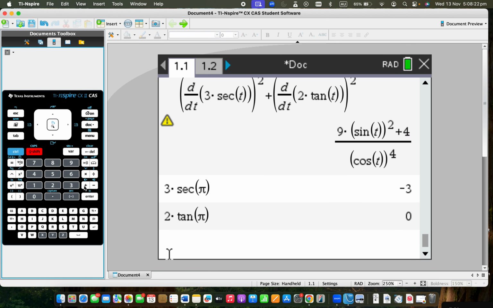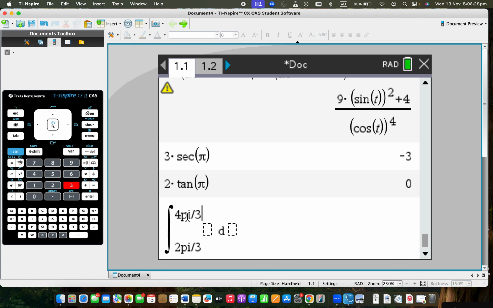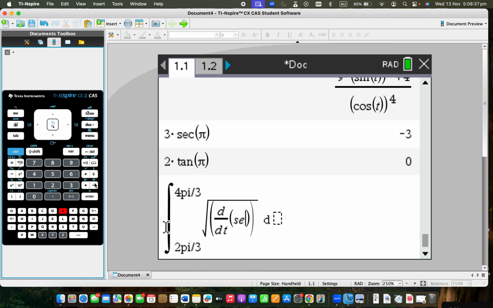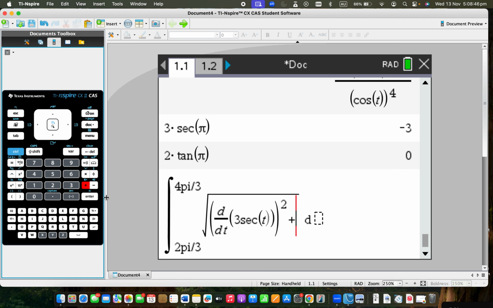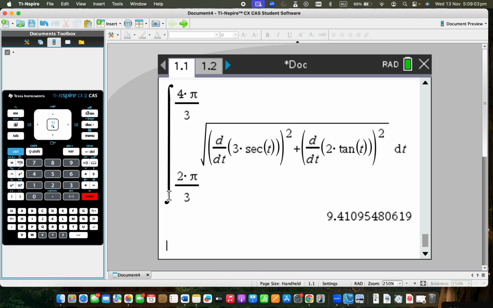So 2 pi over 3 to 4 pi over 3 of the square root of the derivative of 3 sec t. I'm pretty sure that's just the speed part, but it doesn't matter. Plus the derivative of 2 tan t all squared. To 1 decimal place, so 9.4.